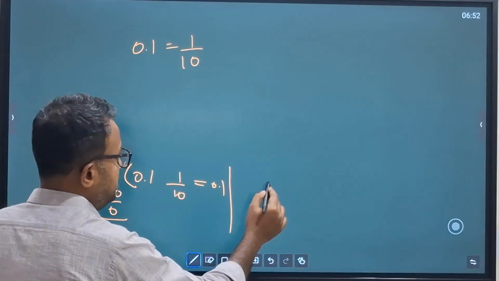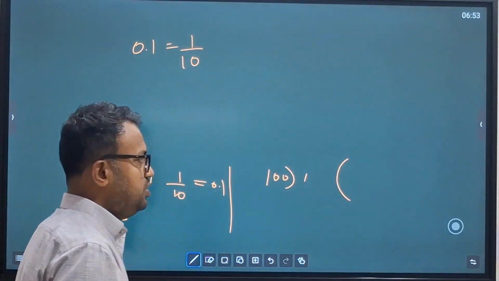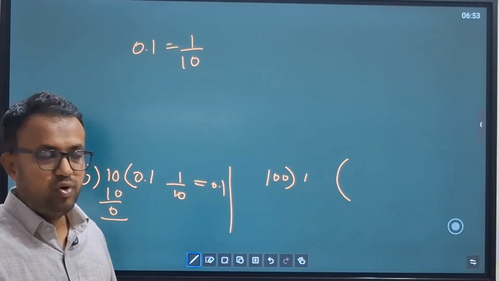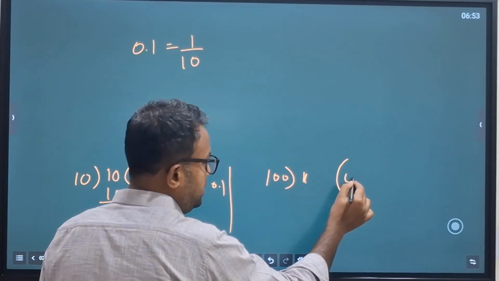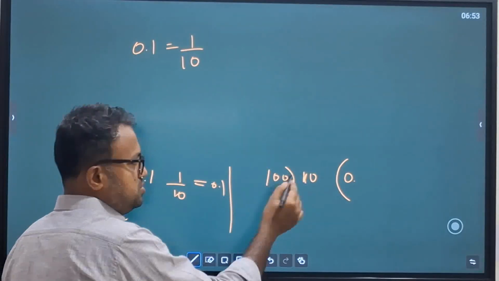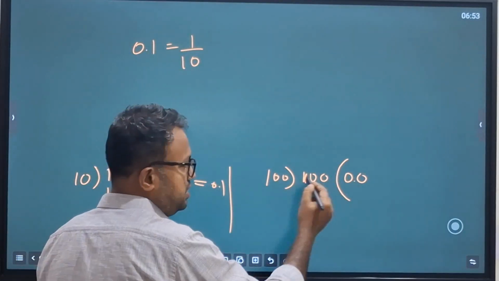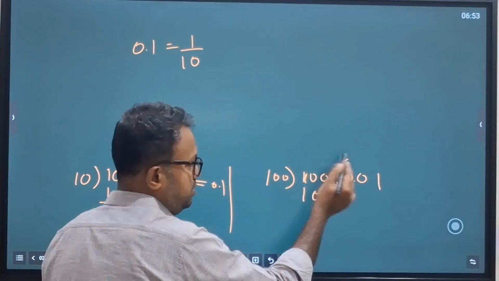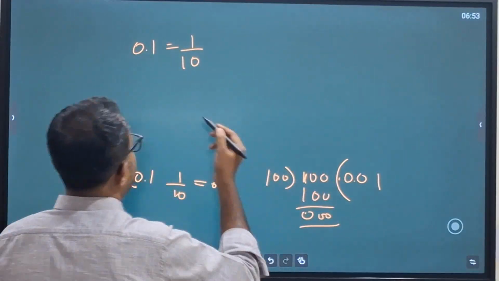Similarly, what happens if you divide 1 by 100? You cannot divide directly, so you add one more 0, it becomes 100, and 100 ones are 100, so it is 0.01.